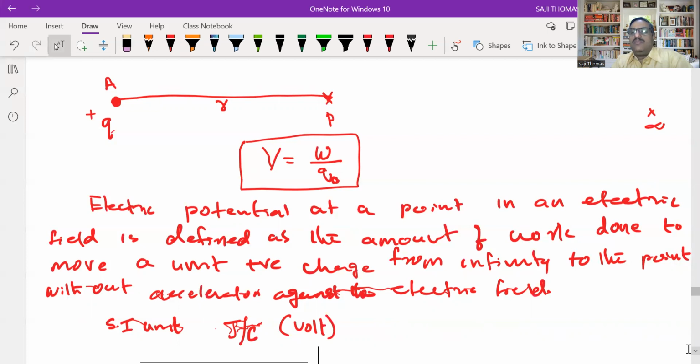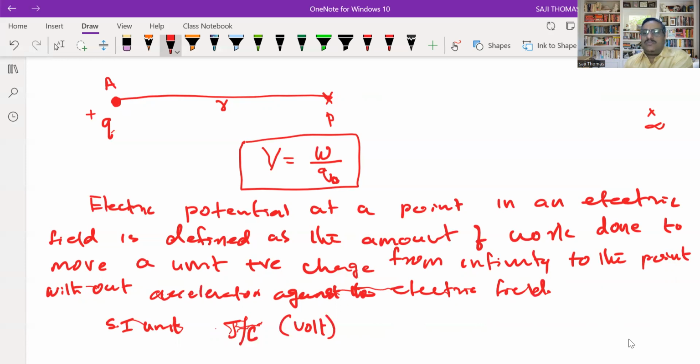If you are moving 1 coulomb with positive charge from infinity to the point P, and if you are doing 1 joule of work, then potential at the point is 1 volt. And one thing you have to remember, as you are coming closer to a positive charge, potential increases.